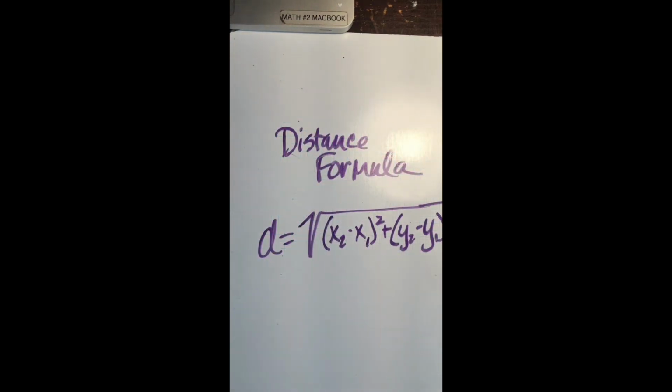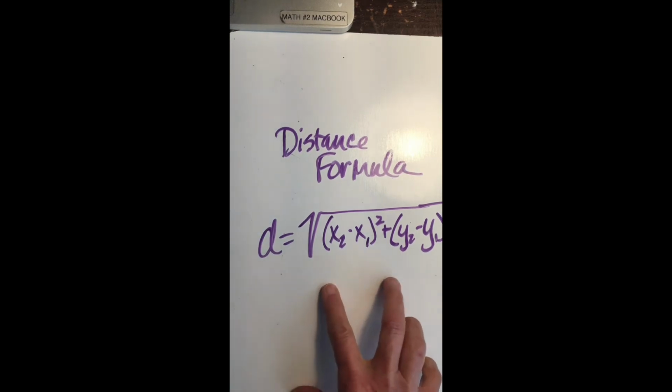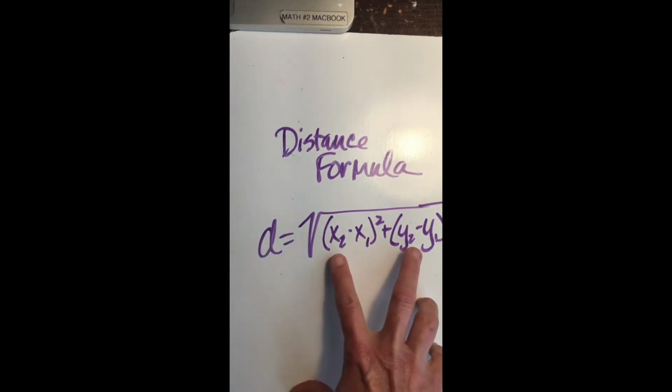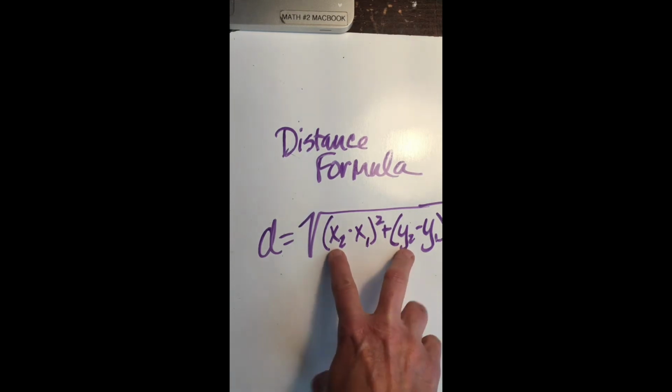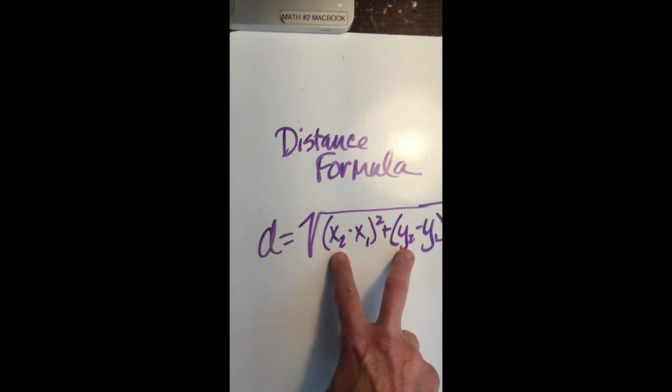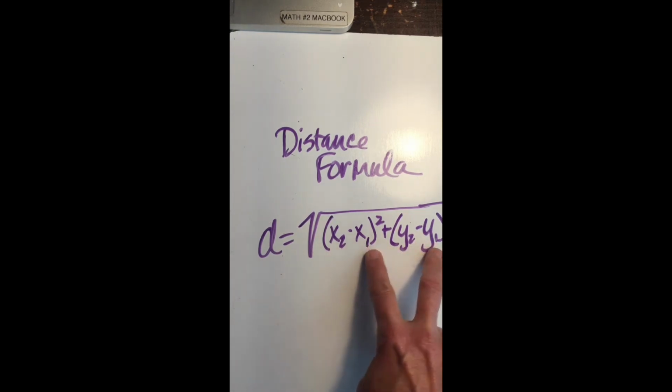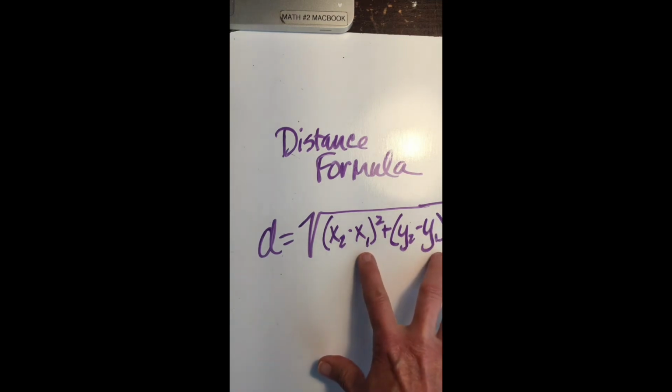There is a formula that you can memorize if you want, called the distance formula. It says that the distance between any two points on a coordinate plane can be found as follows. Whatever x2 and y2 are, they belong to the same ordered pair, the same point. x1 and y1 would also be one point.